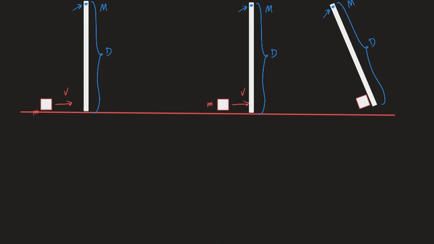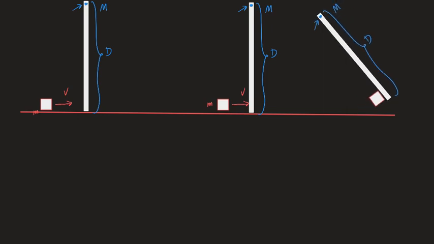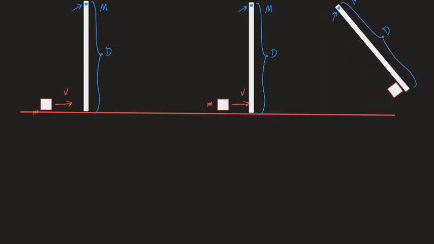This problem would be broken up into parts for you, which will help because there's a lot to do here. I see that there's a first part where we have to figure out the speed after the collision.